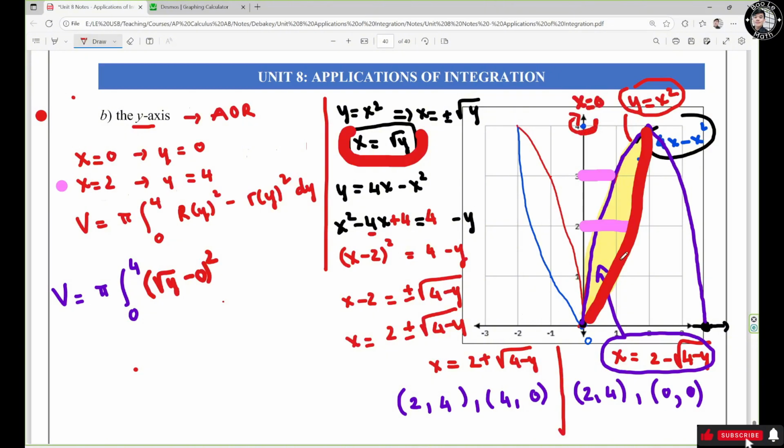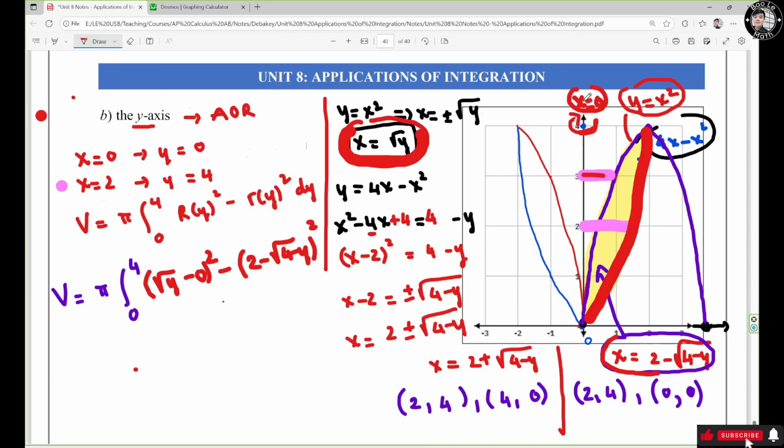S right subtract s left. S right is this guy. S left is this guy, squared, right? Subtract the smaller one, which is this guy right here, right? S right is right here, right? So it will be 2 minus square root of 4 minus y all together squared, right?